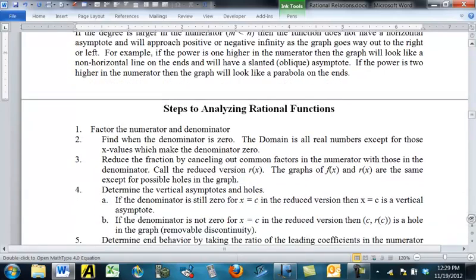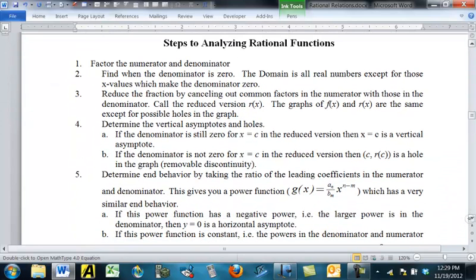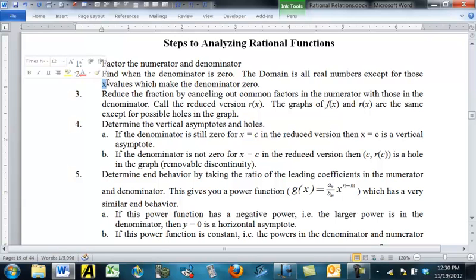So here are our basic steps to analyzing rational functions. First of all, factor the numerator and the denominator. We might do this using any of the techniques that we've learned before, including all of our techniques for factoring polynomials from our last section. Find what values do not reduce the fraction, however, yet.